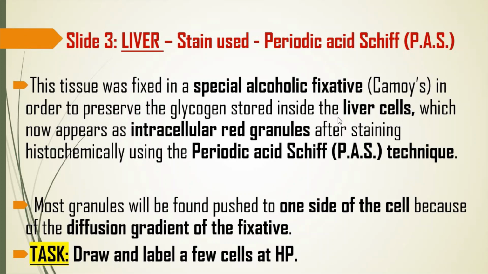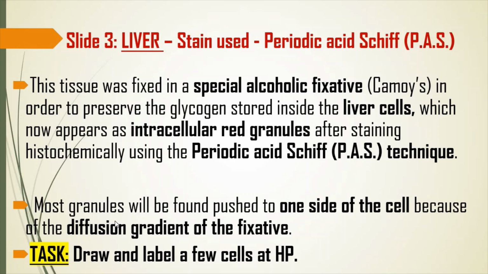Remember, the function of the liver is to store glucose in the form of glycogen. So when staining the liver, we use a special alcoholic fixative to preserve this glycogen, which appears as intracellular red granules after staining with the periodic acid Schiff.